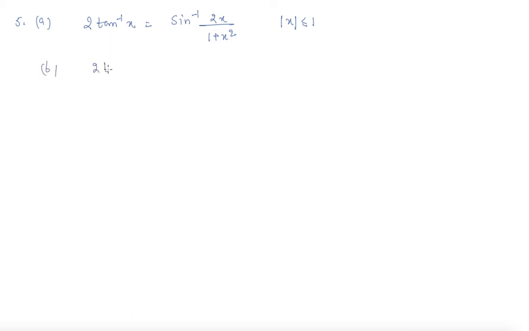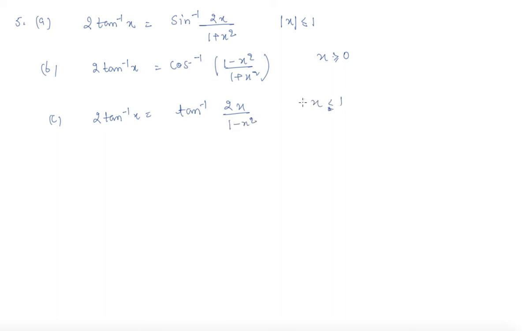So this 2 tan inverse x again in terms of cos inverse is cos inverse of 1 minus x square upon 1 plus x square, where x should be greater than or equal to 0. And this same 2 tan inverse x in terms of tan itself is tan inverse 2x upon 1 minus x square, where x should lie between 1 and minus 1 in open interval.